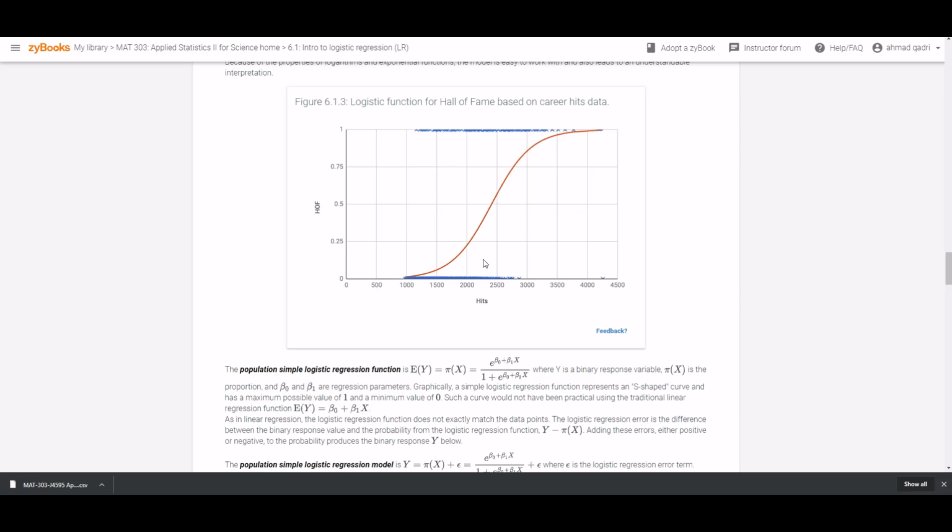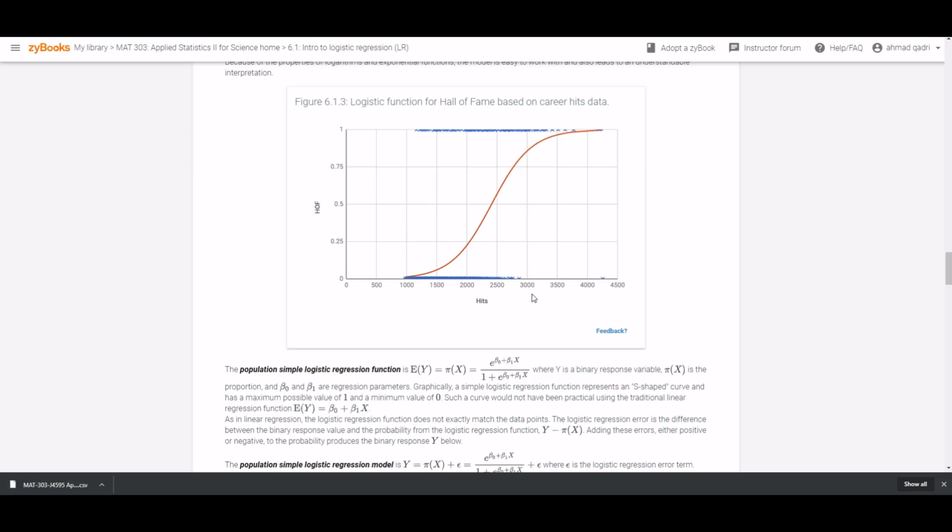Okay, so it will have values that range from 0 to 1. Well, that's why the response variable takes values from 0 to 1. And it's important to note that on the y-axis, because we have the probability, any point on this curve here for the y-axis represents the probability that the player is inducted into the Hall of Fame.